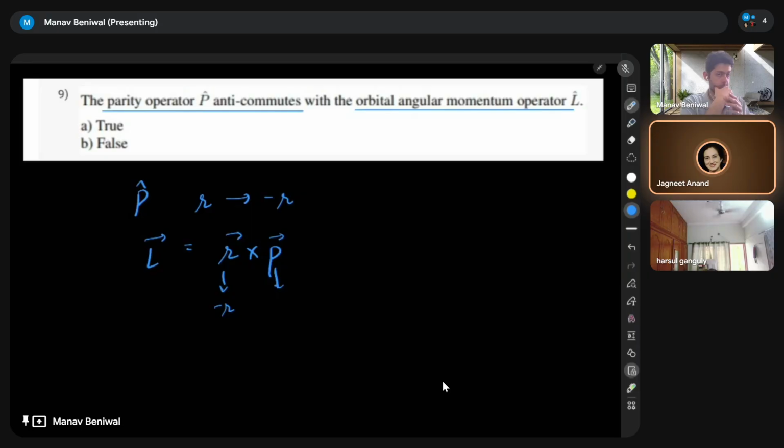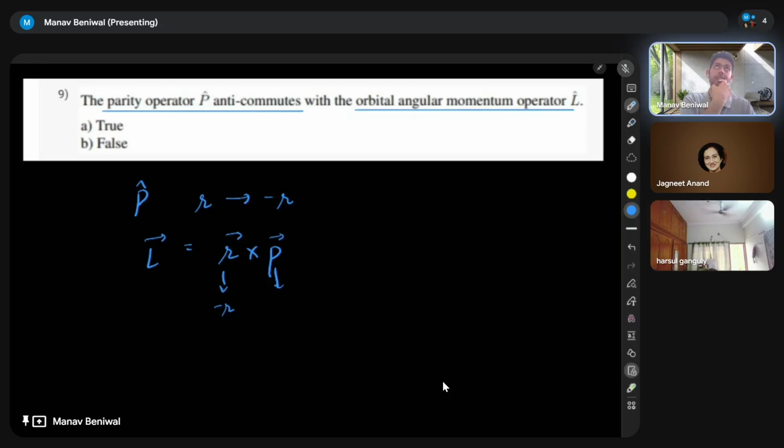I think it remains the same because last time I said that the velocity doesn't change. I think you are confusing time reversal operator and parity. So P we can also write as m dr by dt, correct?